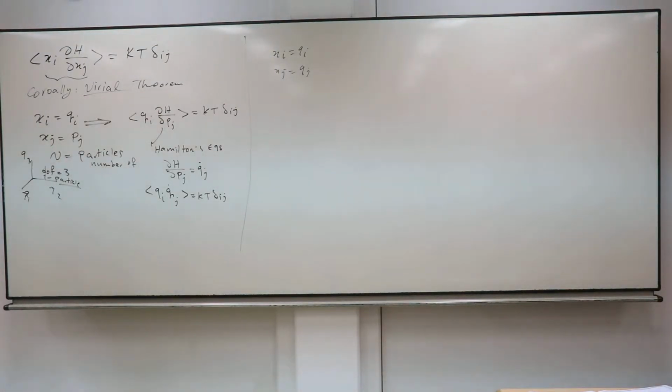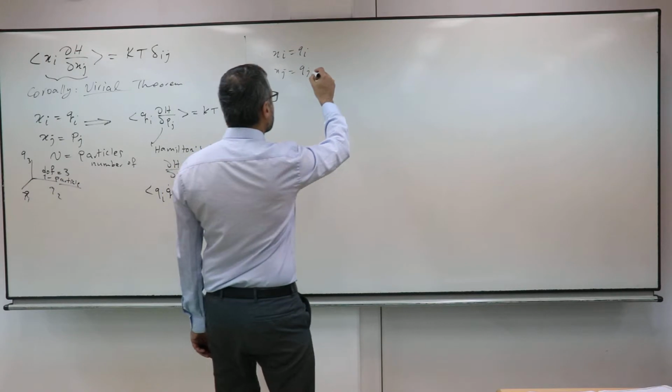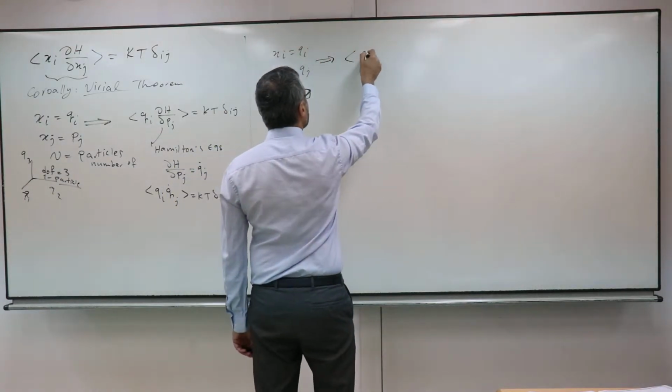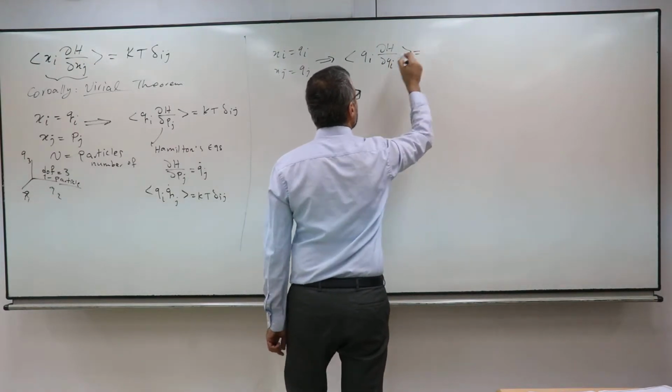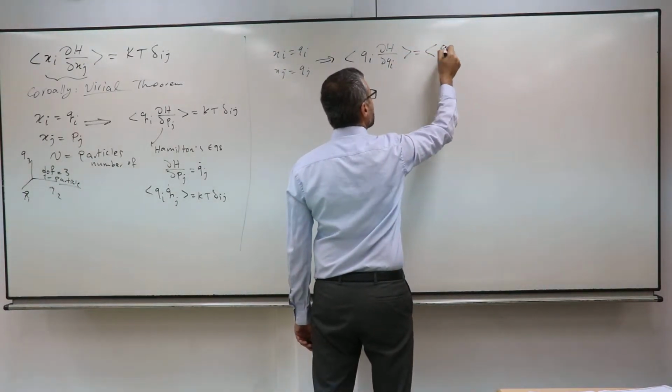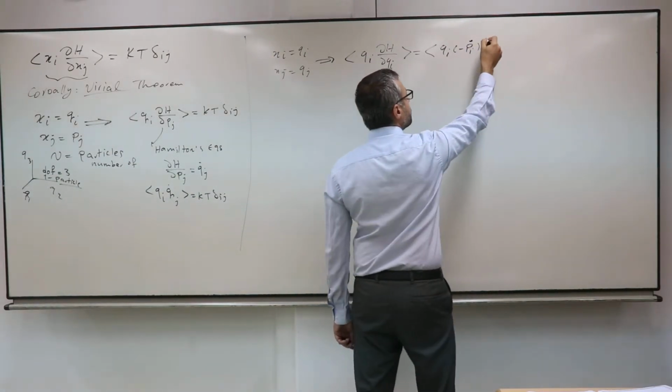It will be like the work you have done on the particle to move it from one point to the other point. Let's see to clarify my statement. According to Hamilton equation again, this will be minus p i dot.